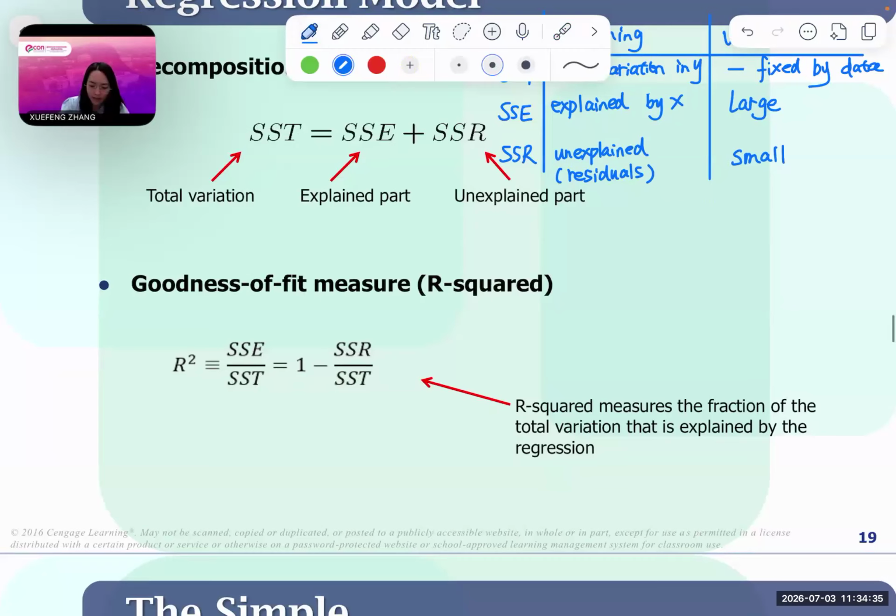Let me write it down to help you better understand. What fraction of the total variation in Y is explained by X?